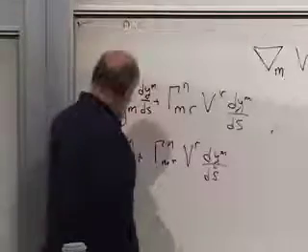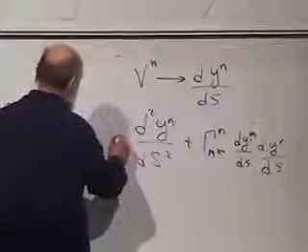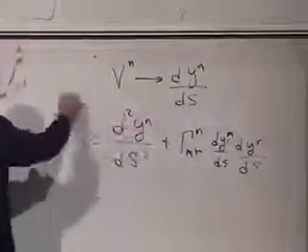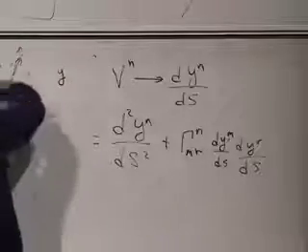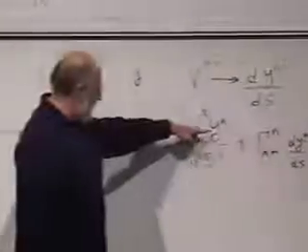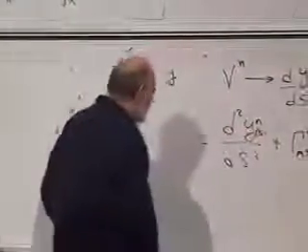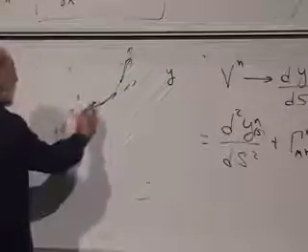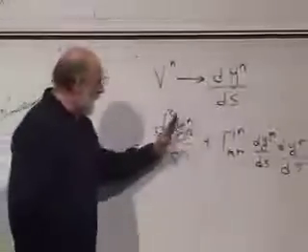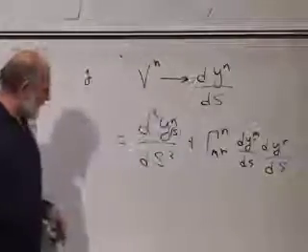Here it is. Supposing I have a curve. Along the curve, there is a set of coordinates y that depend on how far along the curve you are. Everywhere along the curve, y is given. Here's the tangent vector.